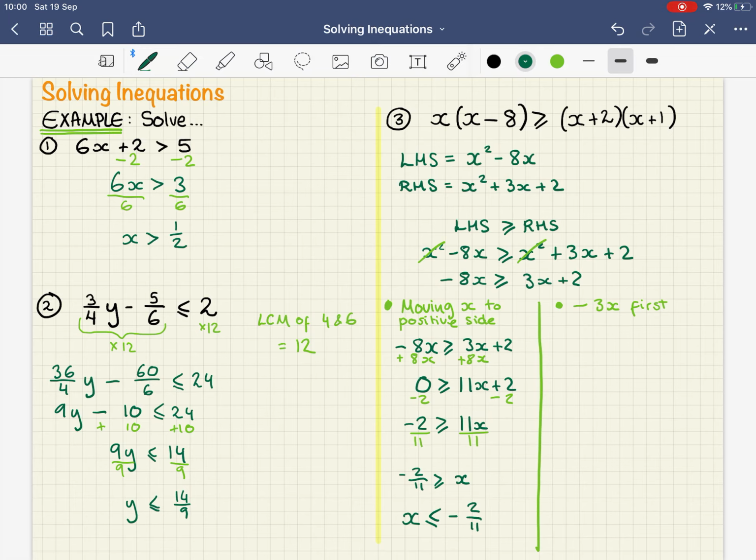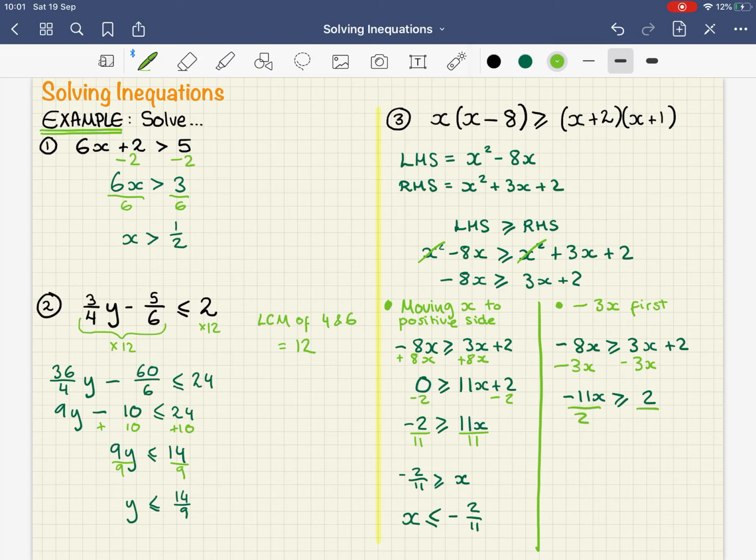Okay, so in the other one, this time I'm going to do the minus 3x first. So I'm just going to write out my inequation. So I'm going to take away 3x on both sides. So I've now got negative 11x is more than or equal to 2.